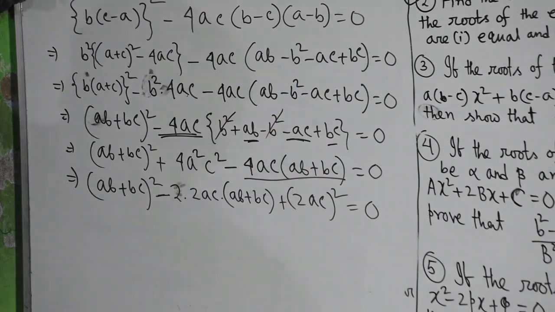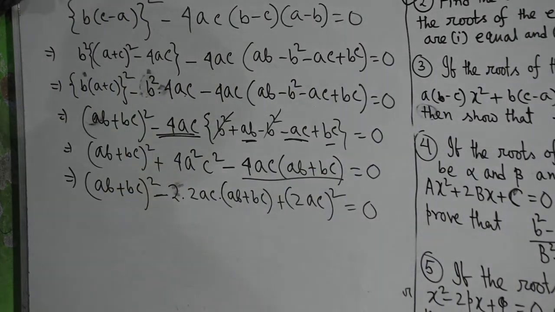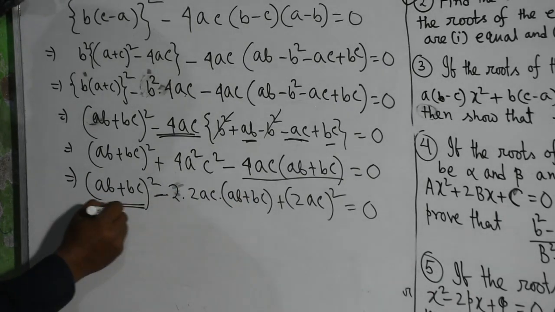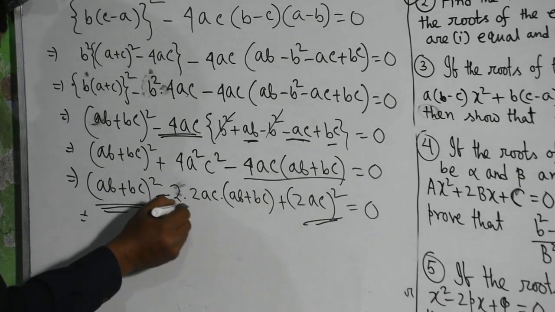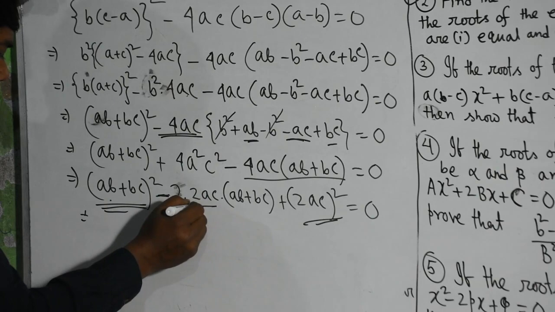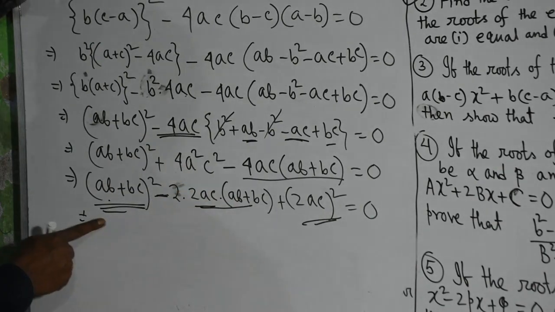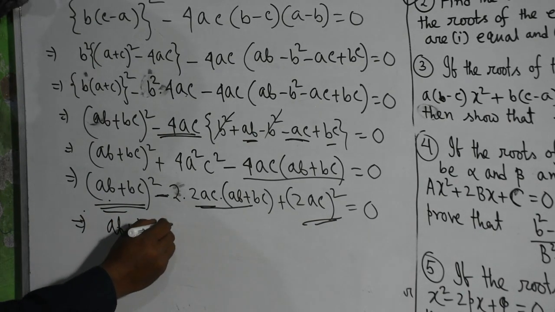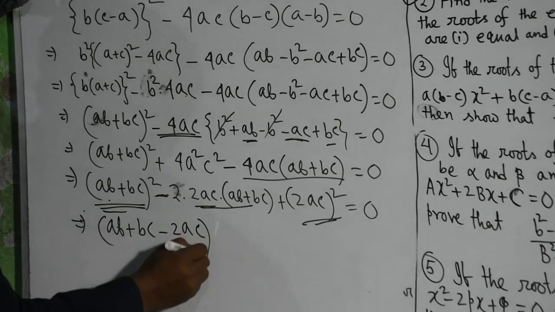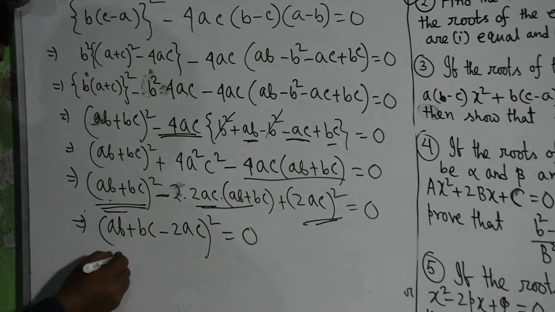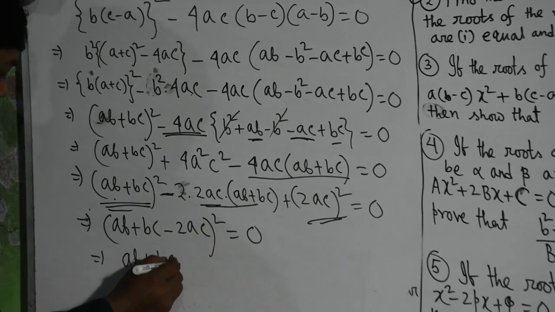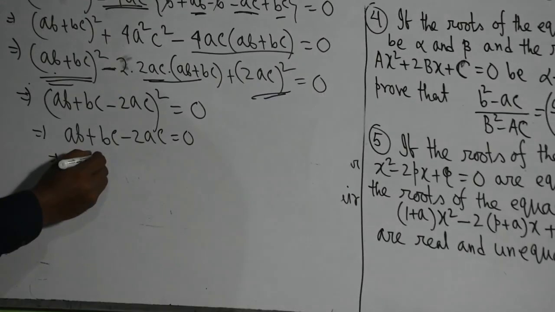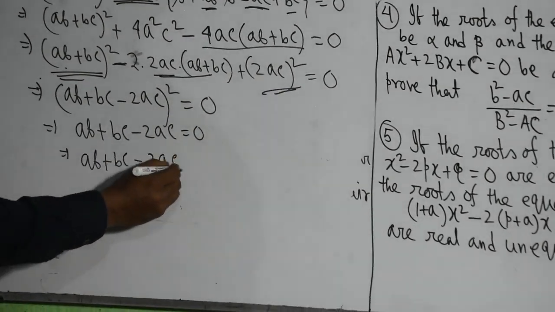So if you consider a and this is b, so a square minus 2ab plus b square, that means a minus b the whole square: ab plus bc minus 2ac whole square, and something square equals to 0, you will get ab plus bc minus 2ac equals to 0. So ab plus bc equals to 2ac.